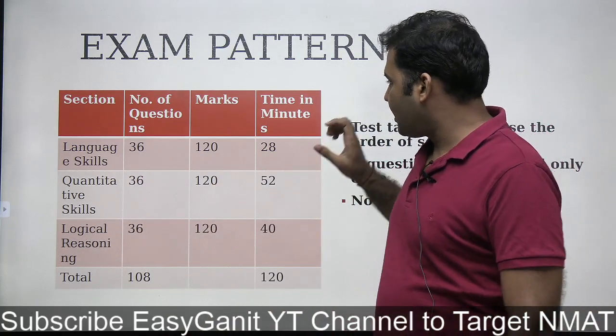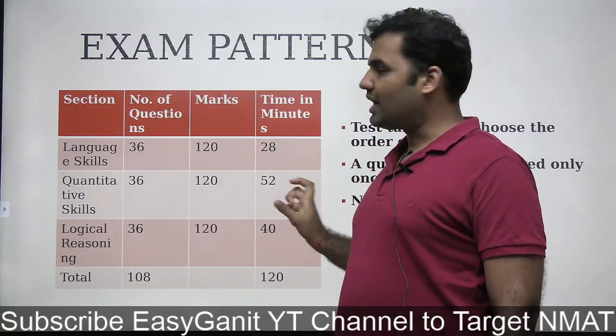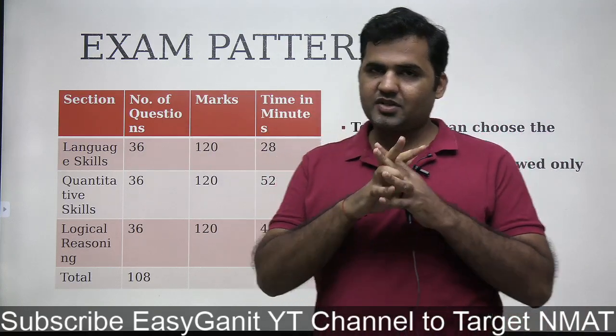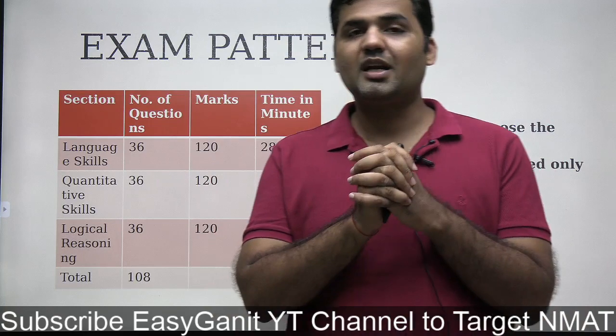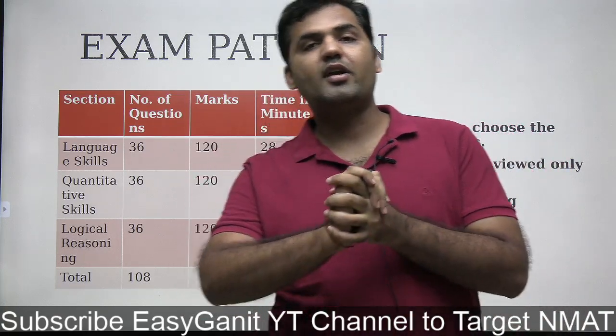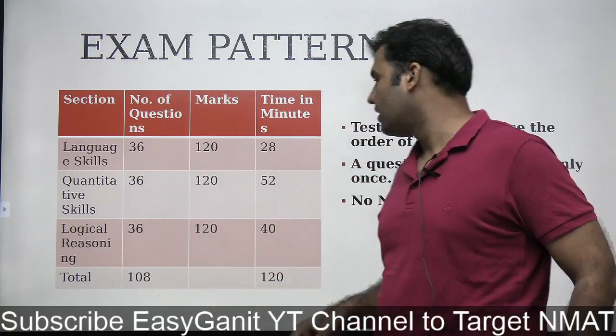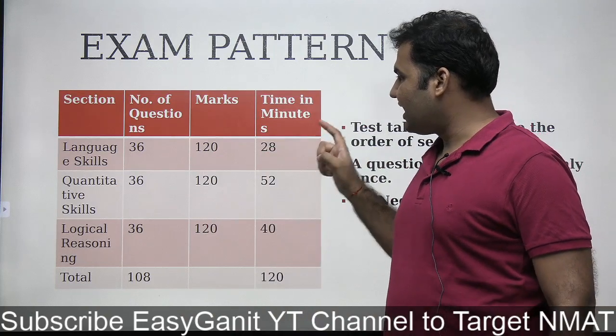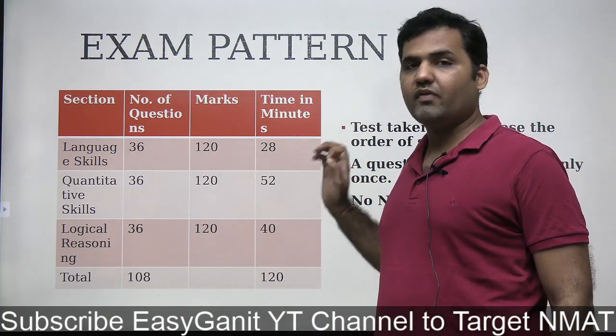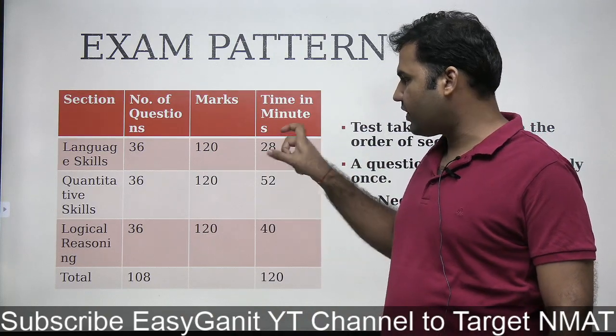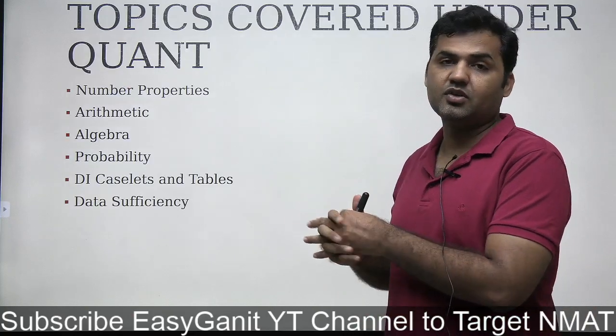That means the time for a particular section is already defined. So if I have to talk about the strategy of which section you should attempt first, it does not hold any importance. The reason is the timing for each section is already fixed, right? You cannot use the time of one section for another section, which is your strength area.